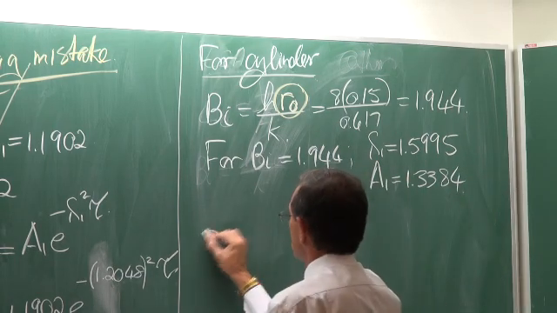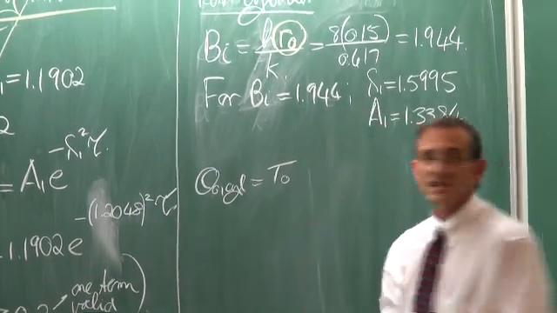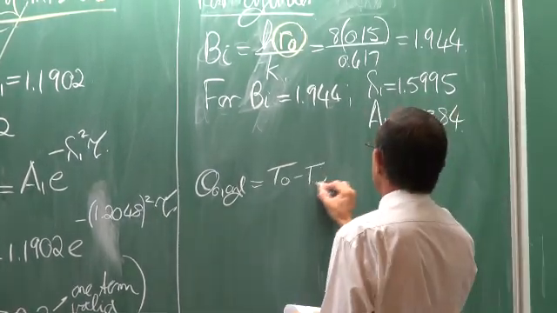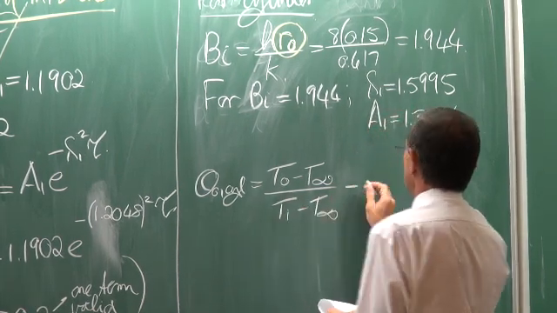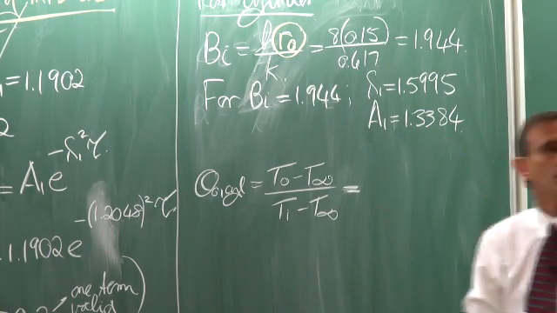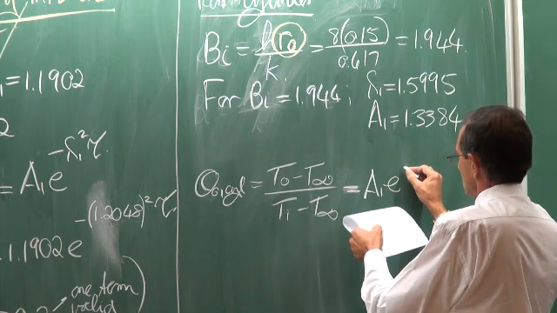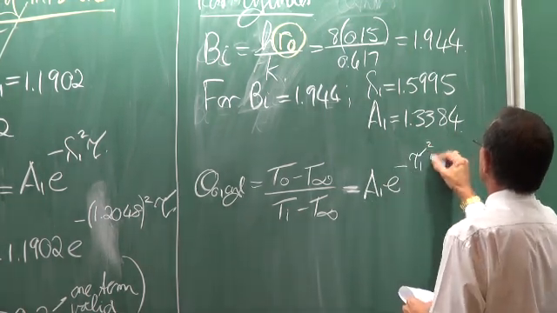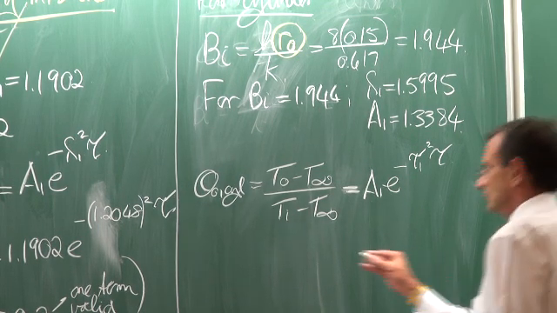And now calculate the temperature at the center: the center temperature minus the environment temperature, over the initial temperature minus the environment temperature, is equal to A1 e to the minus lambda 1 square multiplied by tau, the non-dimensionalized time. The temperature at the center was measured, 25.